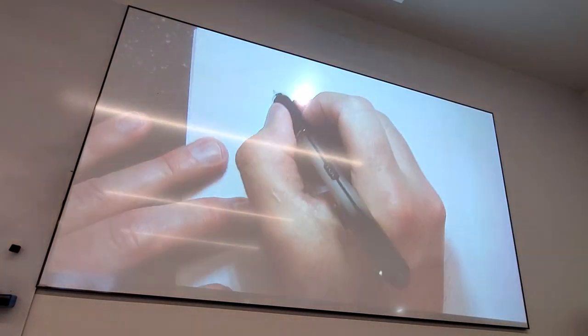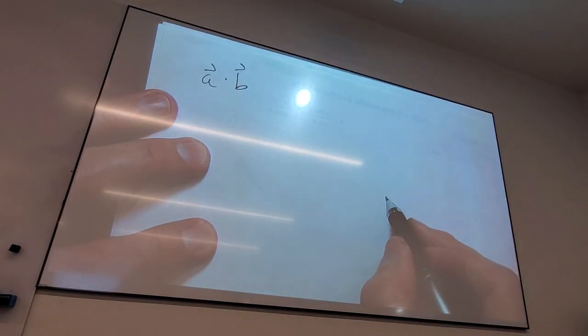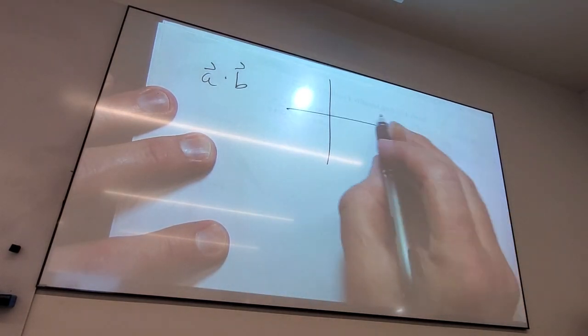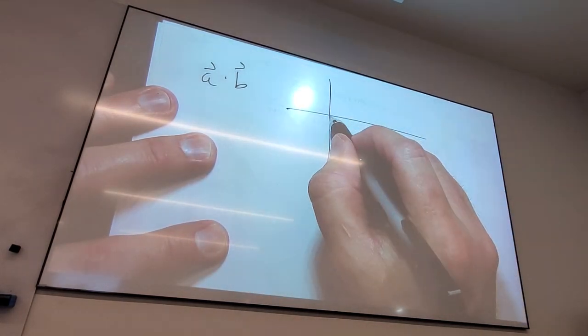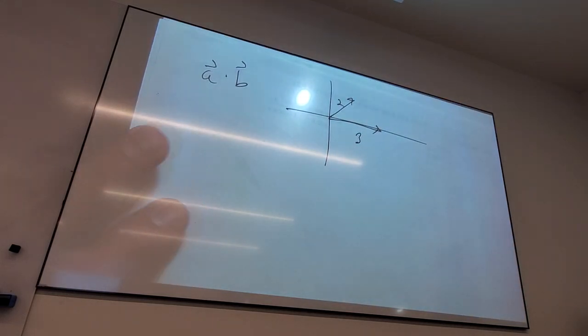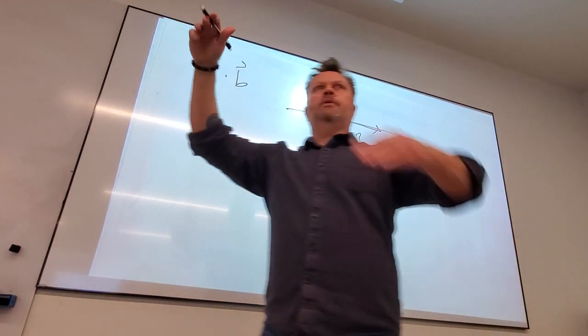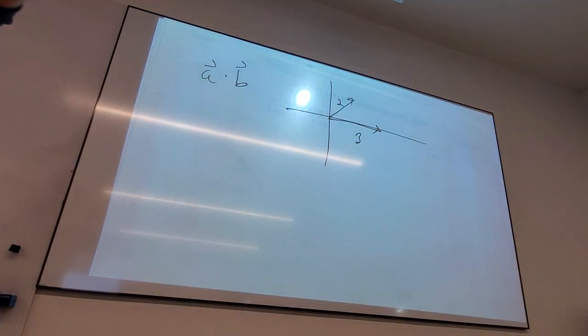Remind me, dot product, can you guys remember what I wanted the dot product to accomplish? We had an example of something here and then something here. This had a length of 2, this had a length of 3. What did I want the dot product to do? I wanted it to be multiplication, but since the 2 and the 3 don't agree, if they did agree, it would be 6. It's like shining a light down on it.